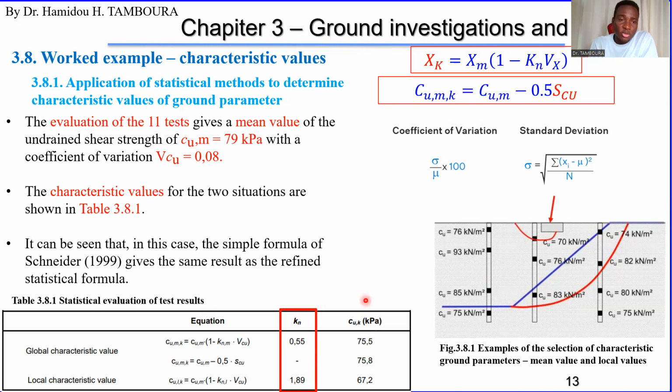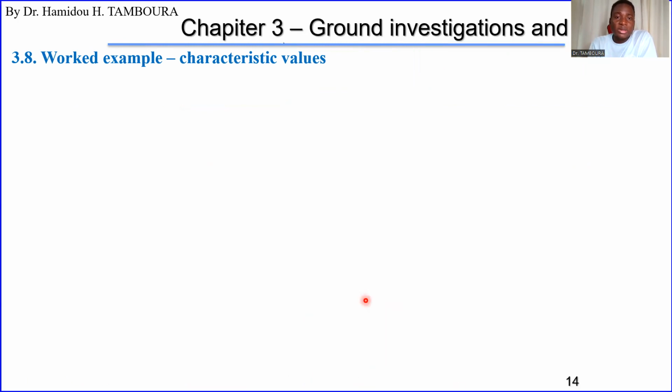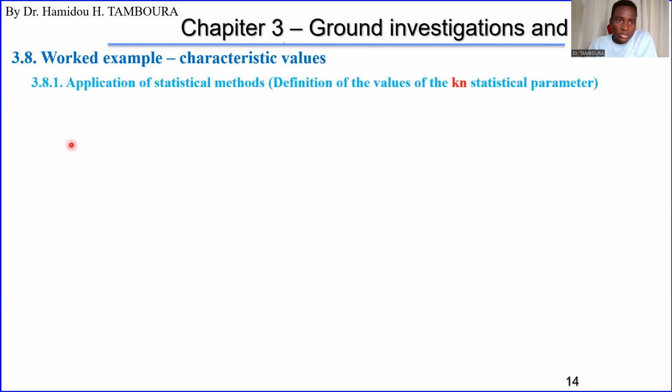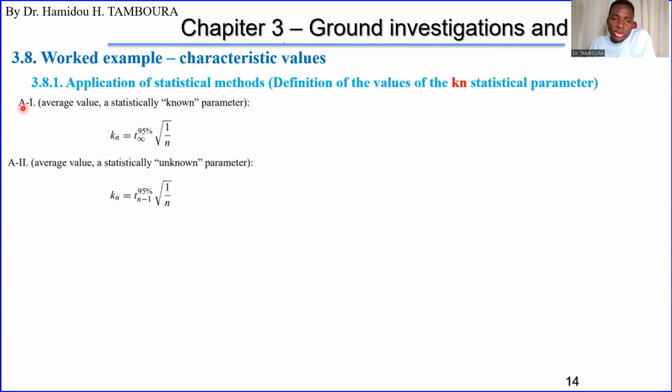So this is what we are going to explain now. Okay. So the application, the definition of the value of Kn, the statistical parameter. Here are some formulas for how to obtain this.